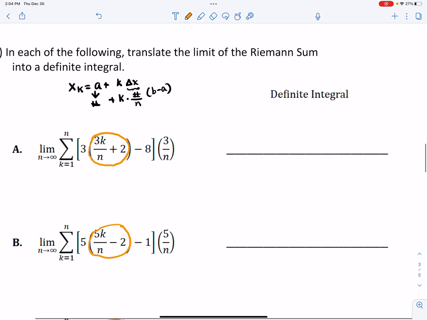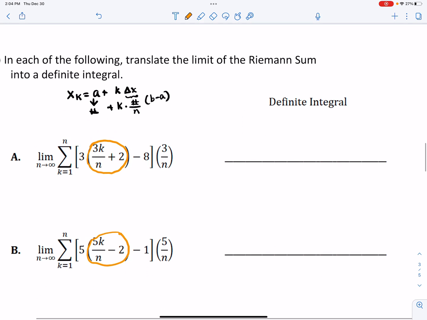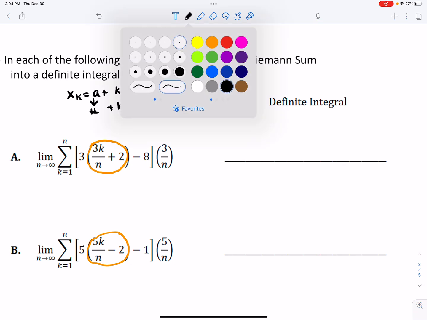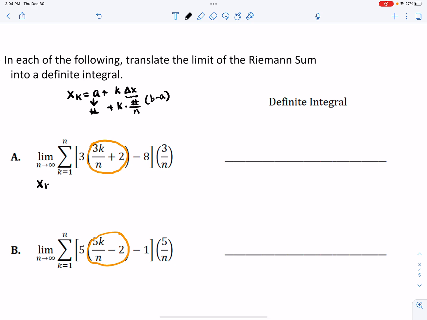So what makes this trickier and more confusing is that we ignore all the operations on the outside and we look for a number plus k times something over n. So if x sub k is, and I'm going to write it as 2 plus k times 3 over n, so that I'm really separating the delta x.